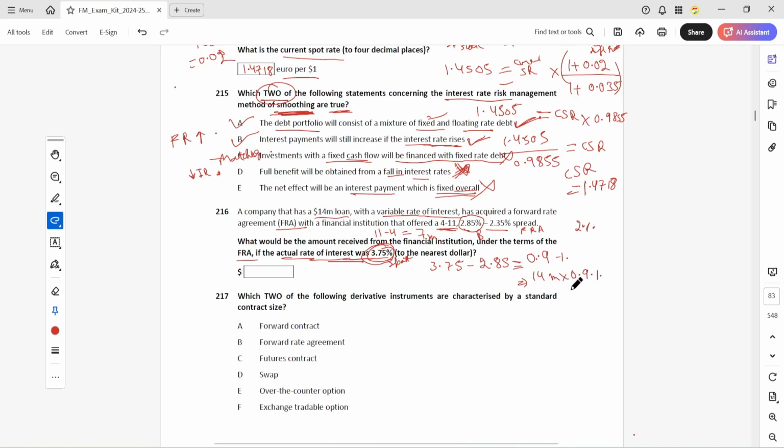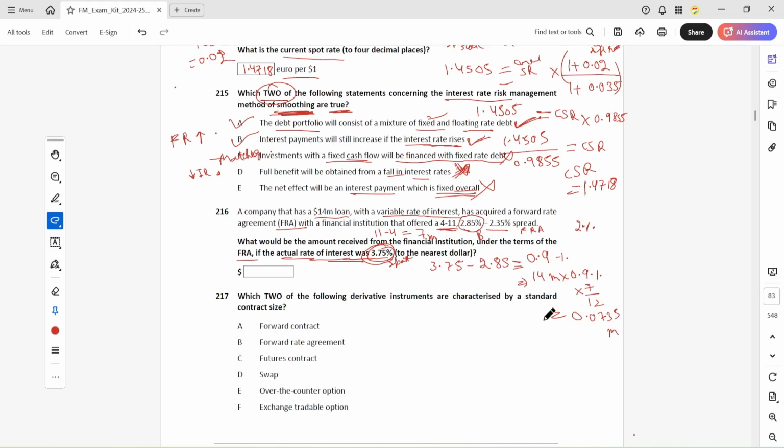0.9% multiplied by how many months for the loan? 7 months. So 14 multiplied by 0.9% multiplied by 7 divided by 12. Okay, so we will receive 0.0735 million.